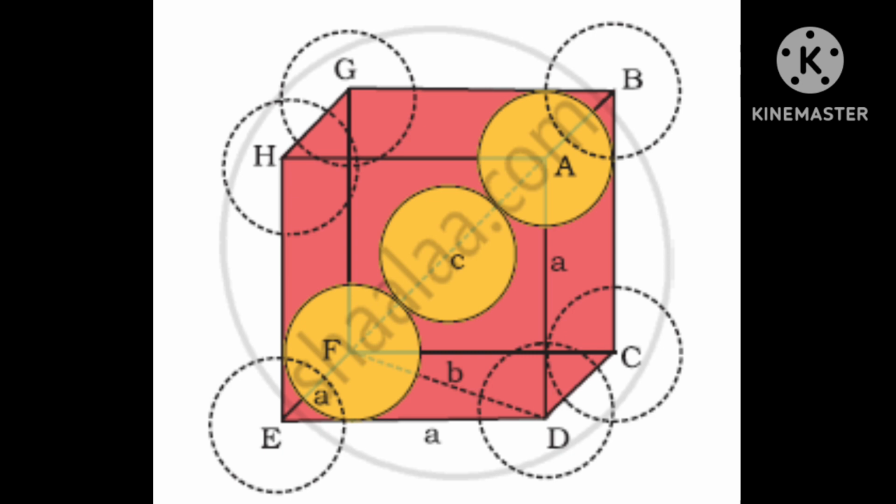Now it becomes a square plus under root 2 into a whole square. After solving it, a square plus 2a square, total 3a square. You got 3a square.